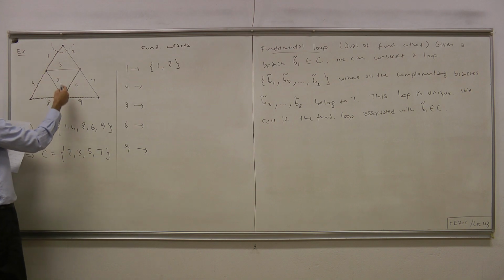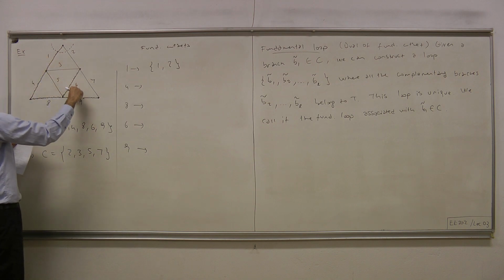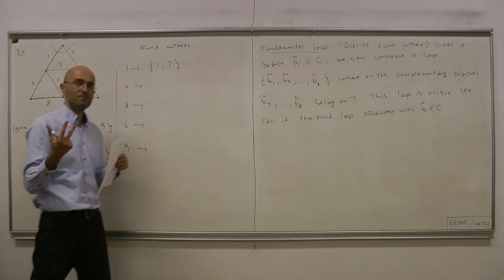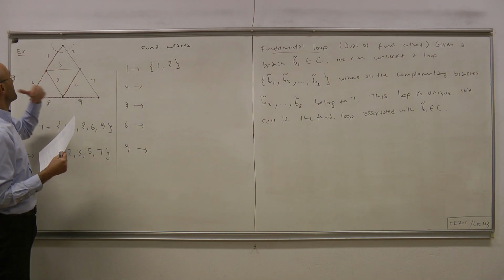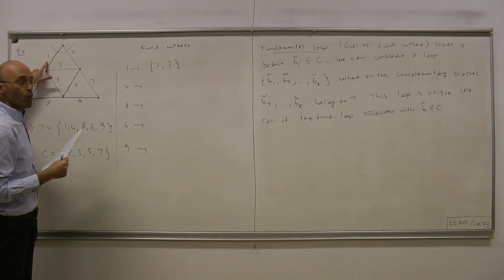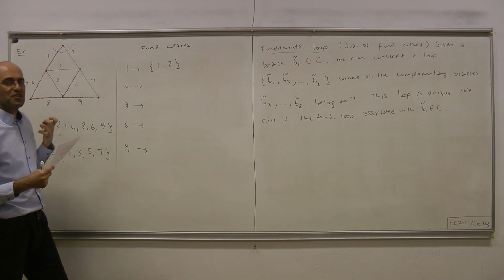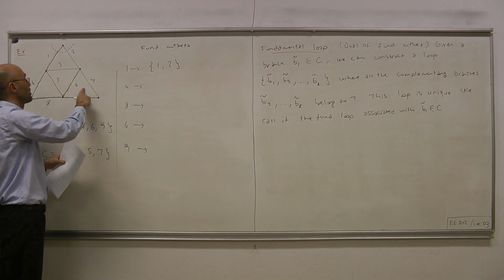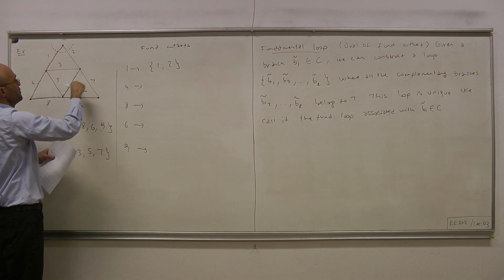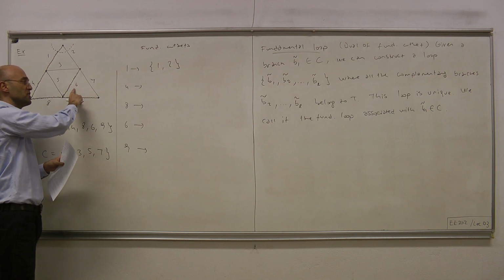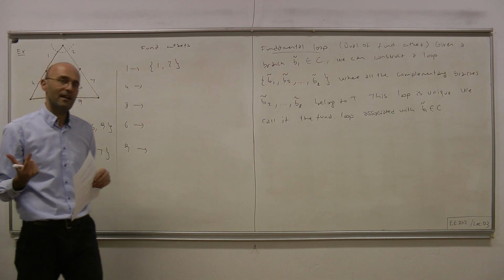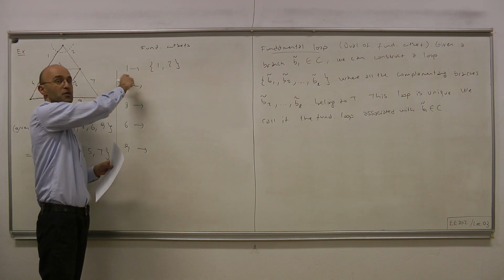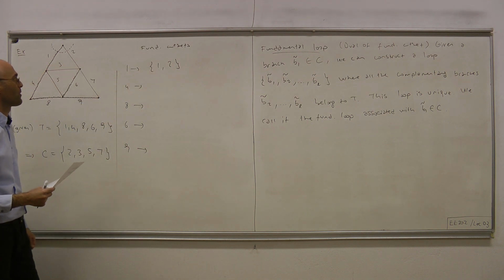Note that, for instance, 1, 3, 6, and 7 also make a cut set. That cut set also contains the branch 1, but it doesn't satisfy the constraint that all the remaining branches come from the Cotree, because in that cut set we also have 6. 6 is a tree branch, which is not allowed. The only tree branch allowed is 1, for the fundamental cut set associated to tree branch 1.